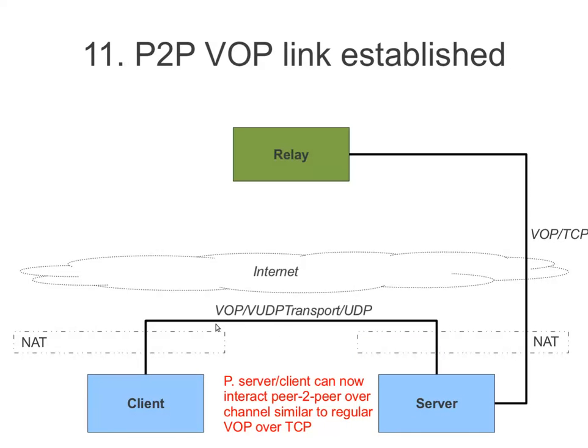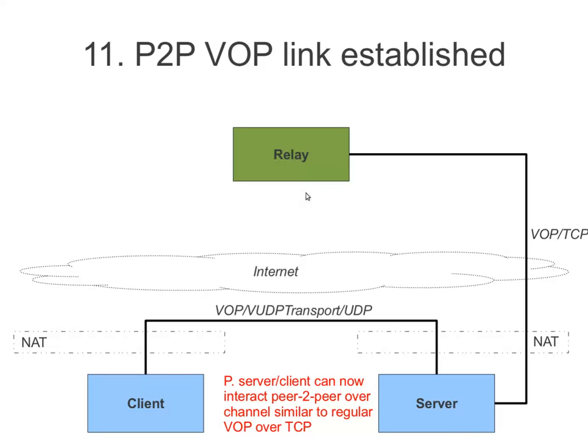peers have effectively a VOP link established directly between them as a genuine peer-to-peer connection where all data is passed over the network directly between the peers, and the relay is no longer involved in the link communication between client and server, which has the obvious advantage for bandwidth usage, as the relay only sees network traffic related to the initial service discovery and negotiation of a peer-to-peer connection.